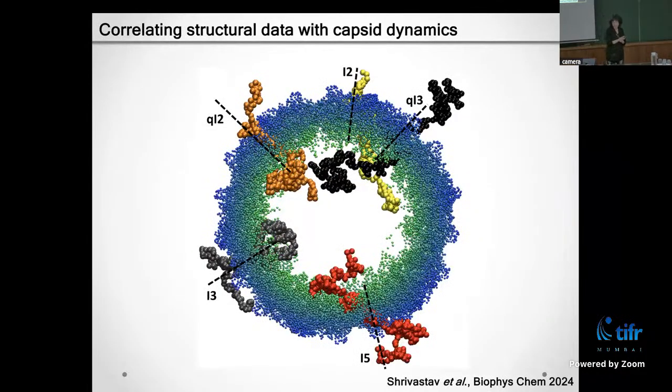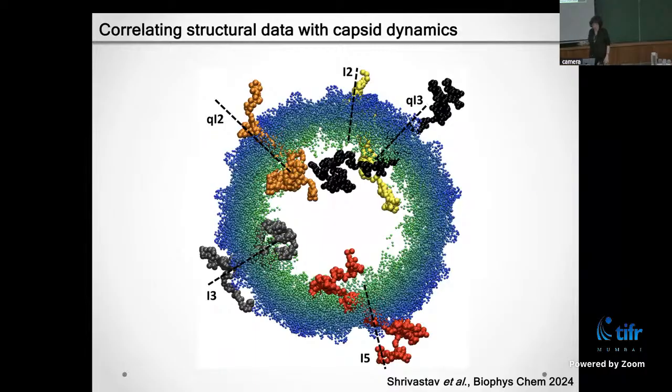So again, we took the whole virus and ran an all-atom simulation on the whole virus. Not very well, I think. There are a lot of things that we can do. But what we were trying to figure out is, if we draw cylinders from the center of the particle towards all of the existing axes, like 2-fold, 3-fold, and 5-fold, and measure the amount of water molecules that are there throughout simulation time, can we figure out which are the more open paths, where there's more water?